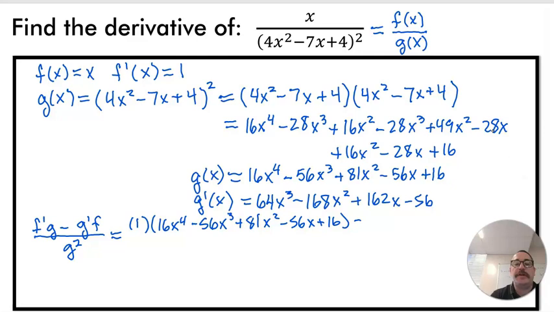Minus x times the derivative, which is the 64x cubed expression. So this is going to be a pretty long one. This would be a good example of something that I would leave in unreduced form for the exam.